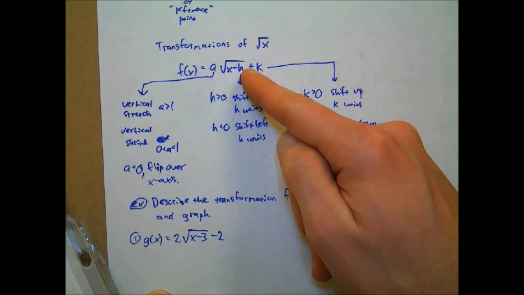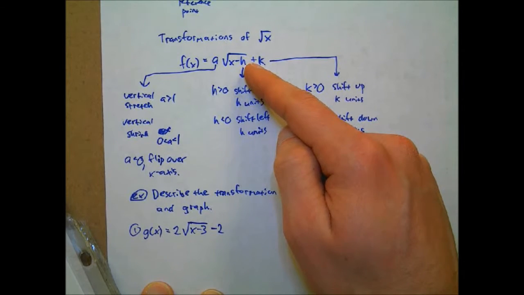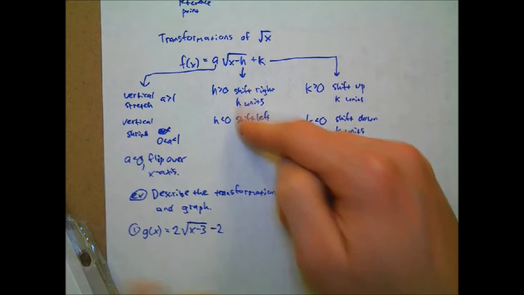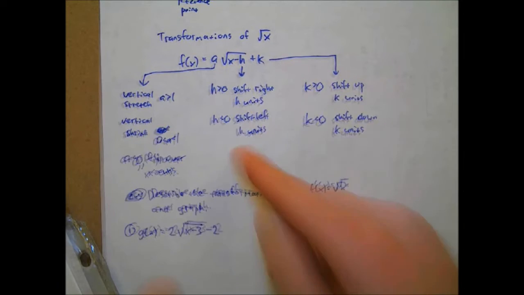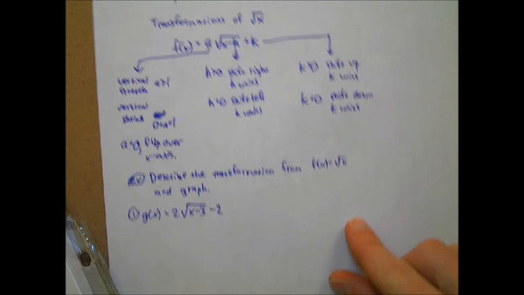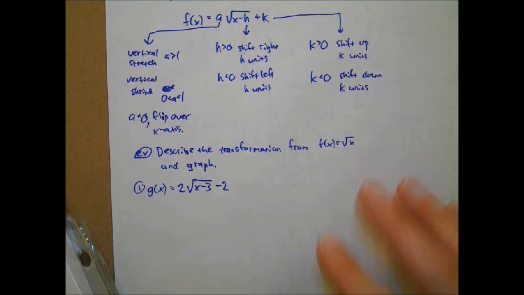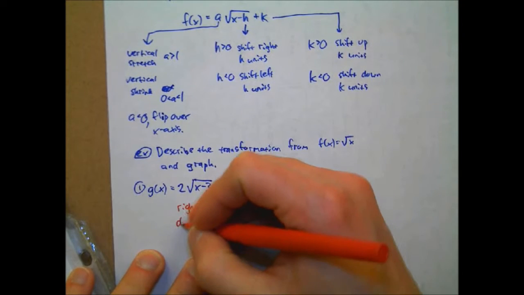That's what I'm trying to say there. If we had x minus a negative, that'd become a plus positive. There's not an easy way for me to write that. But anyway, in summary, we're going to go right 3 and down 2.